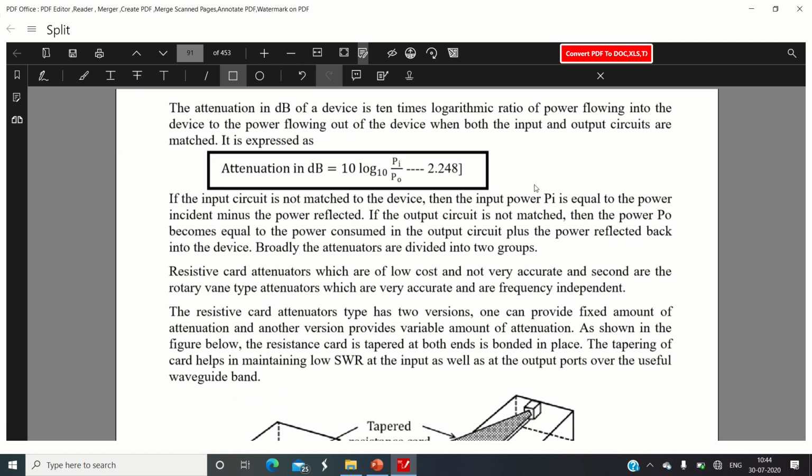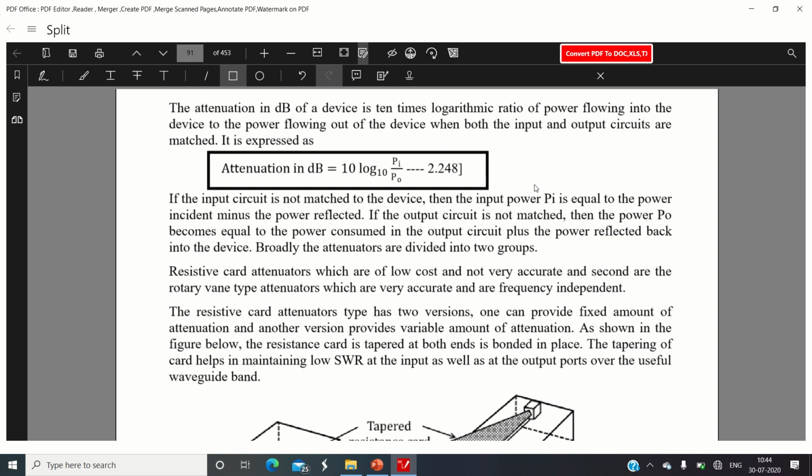Attenuation in decibel is given by this equation. It is simply 10 log to the base 10 of the input power divided by the output power. Input power will definitely be higher in magnitude, and the output power will be a little reduced because of attenuation. If you take the ratio and take the logarithmic scale multiplied by 10, you get the power ratio expressed as the attenuation provided by that device in decibels.